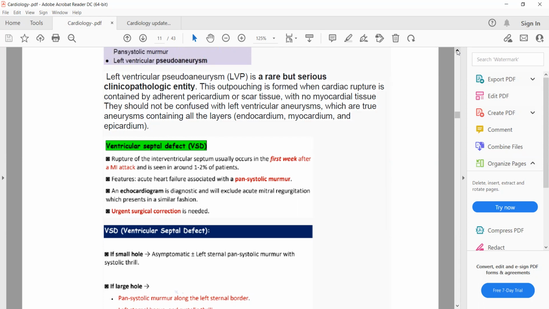Now, sometimes in the PLAB 1 exam, a clincher is given which can also help you differentiate between these two conditions. If they mention that the pansystolic murmur radiates to the axilla, remember that the pansystolic murmur is present in both ventricular septal defect and mitral regurgitation, but if it is radiating towards the axilla, then it is most likely mitral regurgitation, because the murmur of mitral regurgitation radiates towards the axilla.